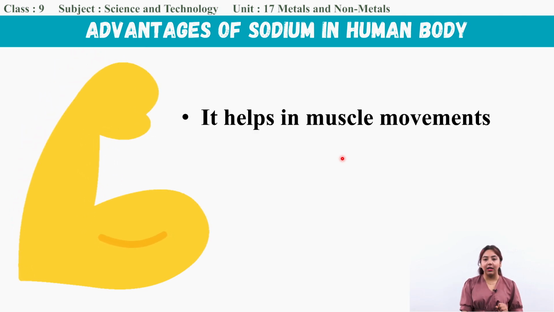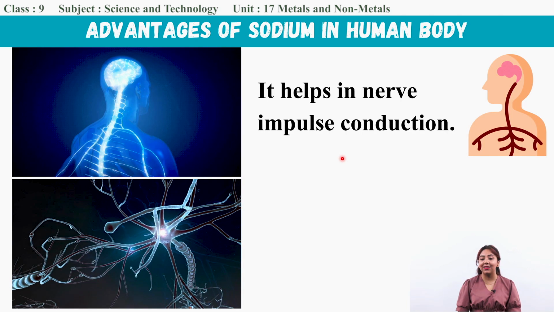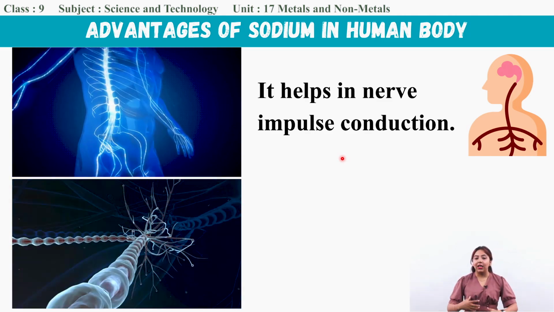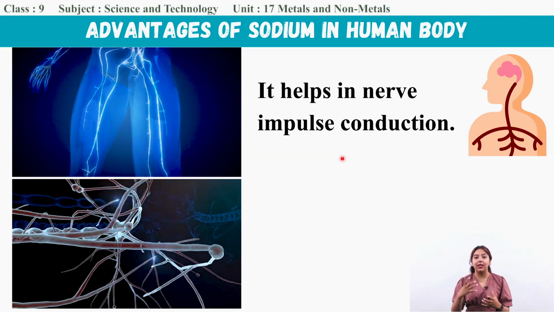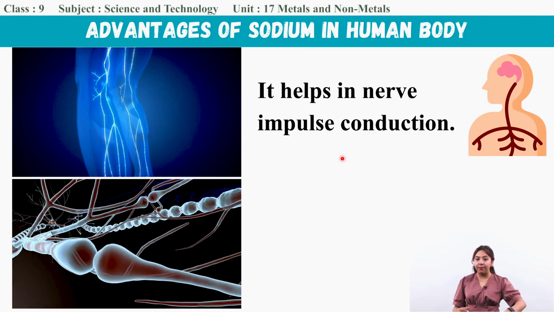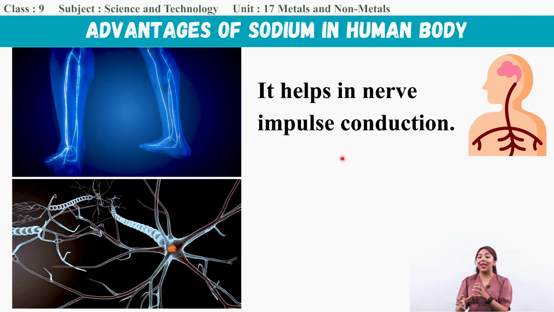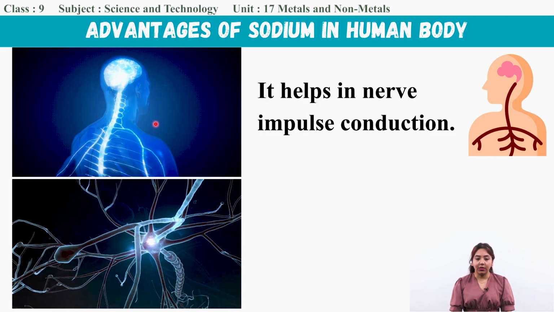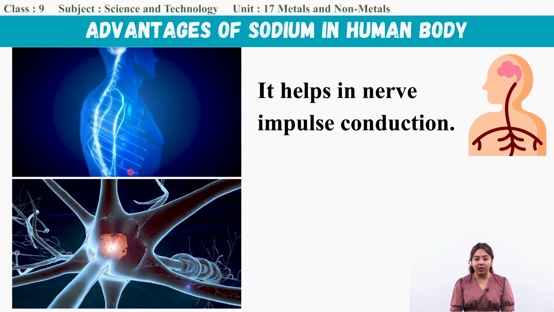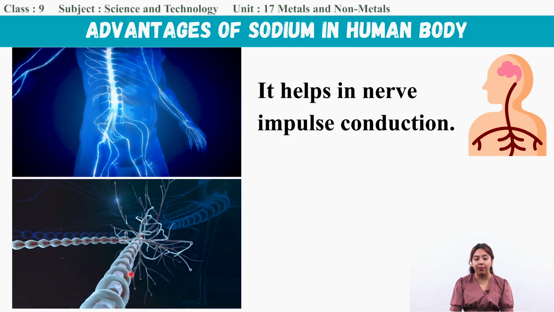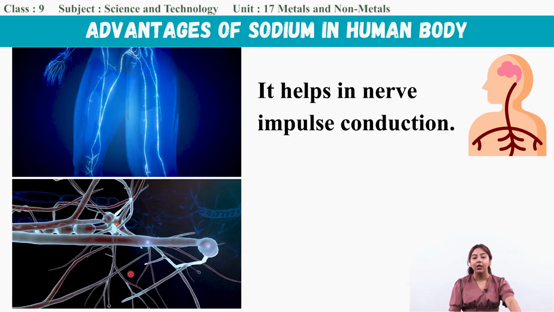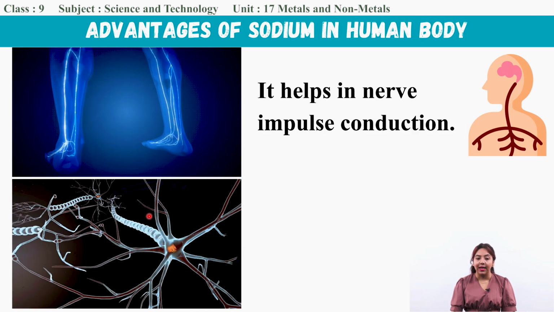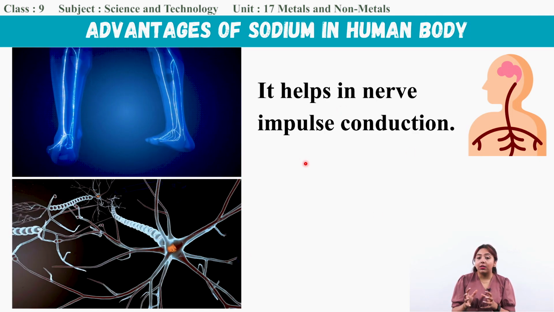And not only that, there is another very important advantage: it helps in nerve impulse conduction. Our body cannot perform any function until our brain sends an impulse, a signal, to perform a certain activity. So our brain sends the signal to different parts of our body, through nerves, and the nerve conducts the impulse.